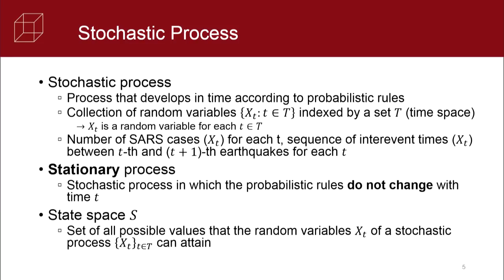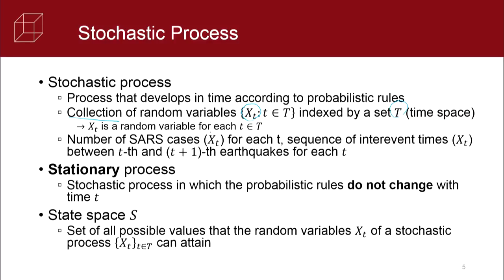All right, the stochastic process is a process that develops in time according to probabilistic rules. The formal definition of the stochastic process is a sequence or collection of random variables indexed by the set T. We call T the time space. An element X_t in the set refers to the random variable for each time t.